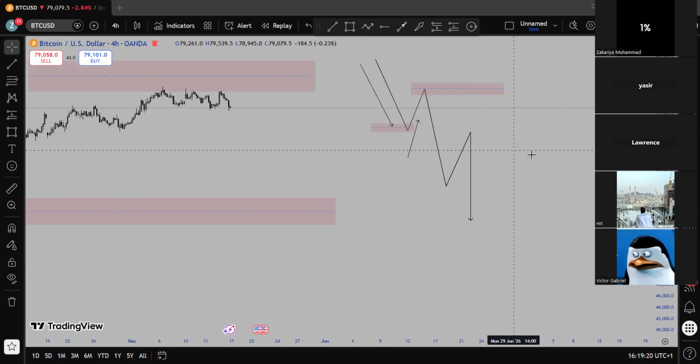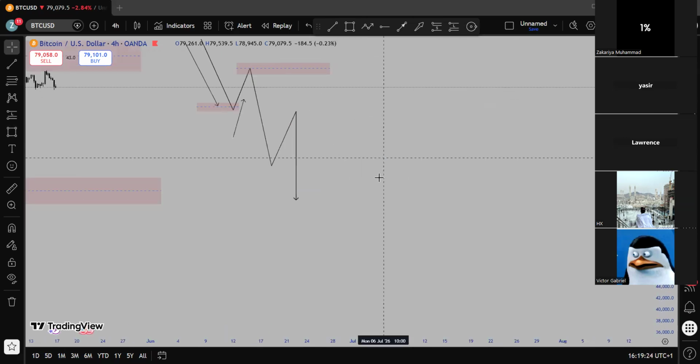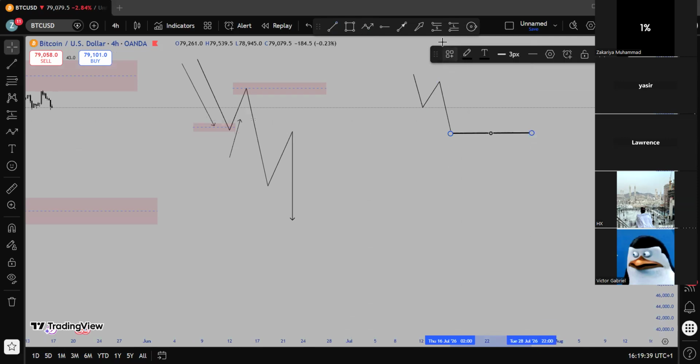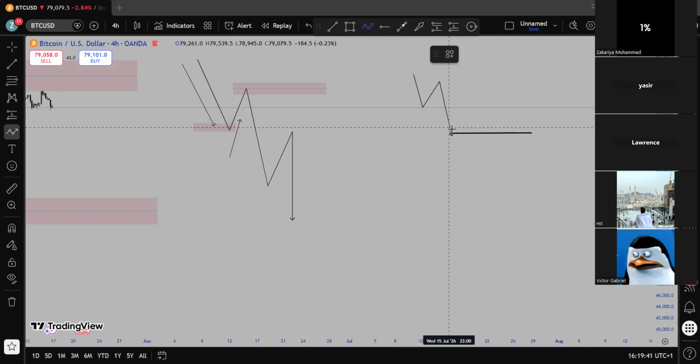For the market to maintain a current bearish structure, it needs to keep breaking lows. For the market to maintain this current structure, it needs to come and take out this recent low. If we know that a correction move will come, then an impulsive move will come and make the market break below this low.